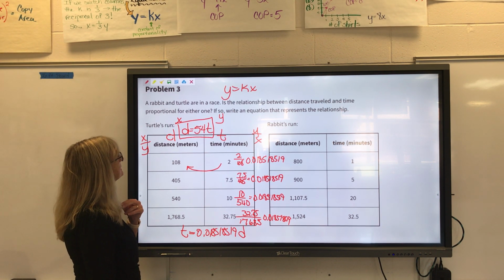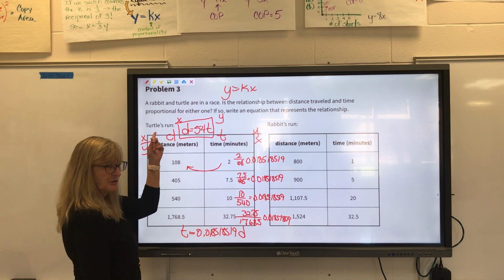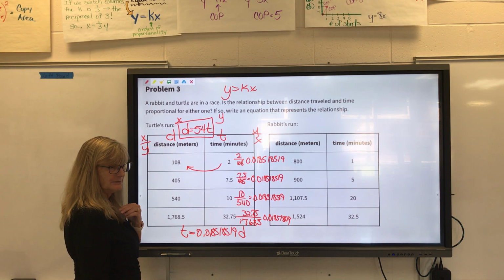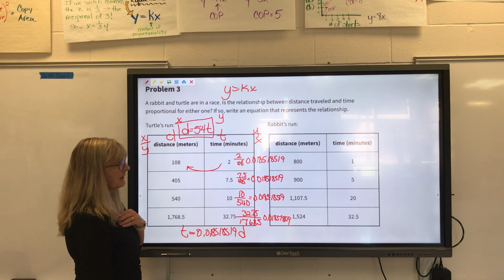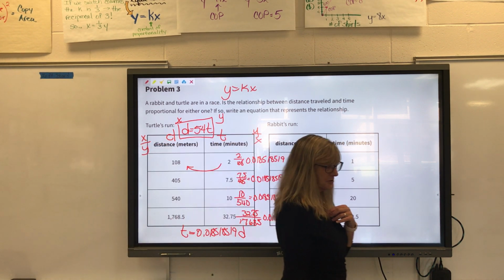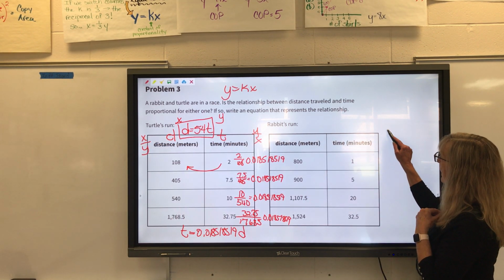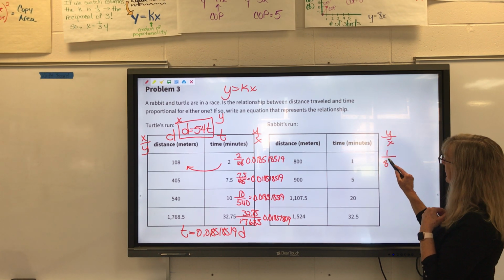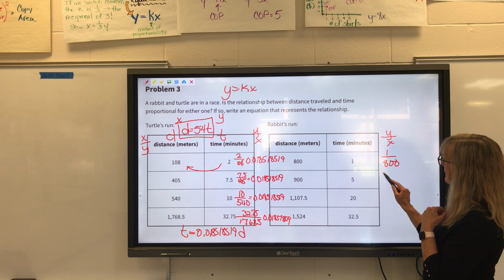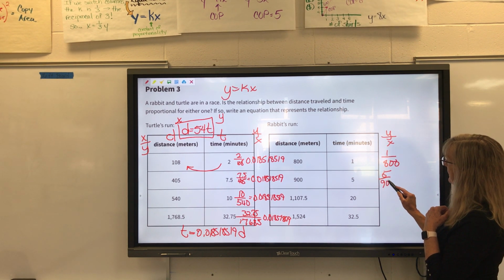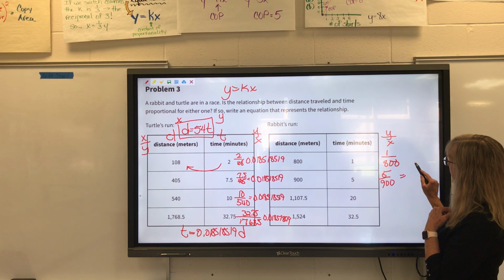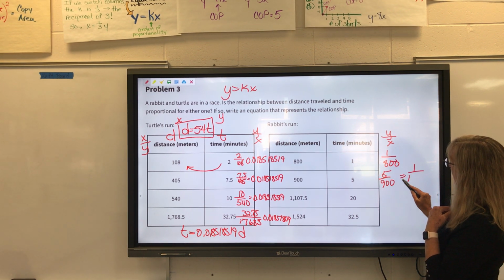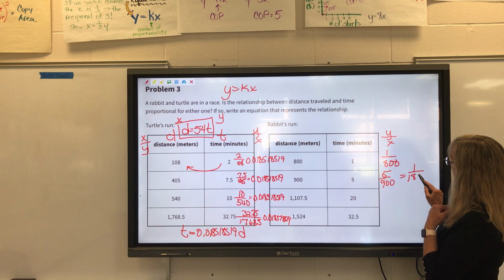Which animal? Well, we just determined the turtle does, right? Now we're going to look at the rabbit. Does the rabbit have a proportional relationship? Let's do y over x. Well, this ends up being 1 over 800. This ends up being 5 over 900, which reduces to, let's see, 5 will go into that, 5 will go into that with 4 over 180.